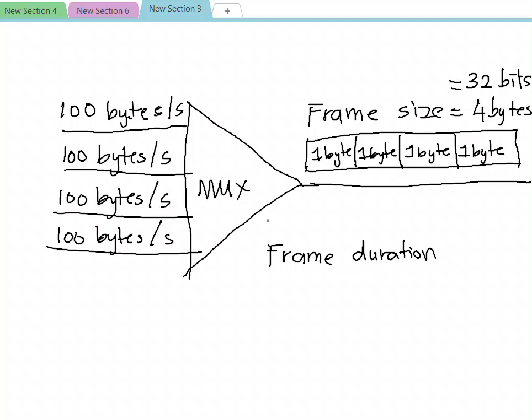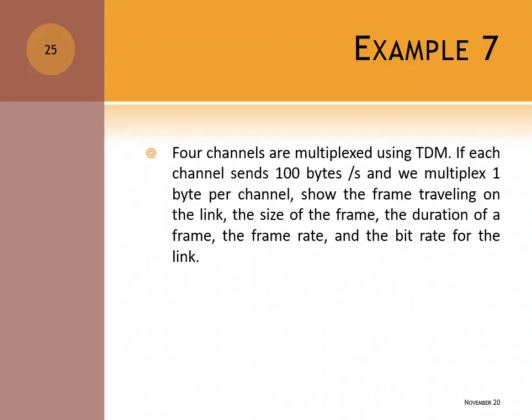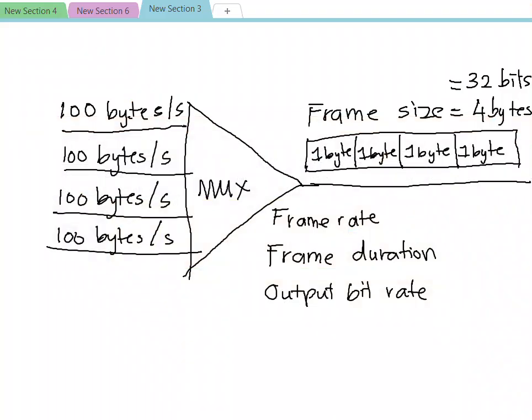Frame rate. And then one more is output bit rate. Bila dia sebut bit rate for the link, itu bermaksud output bit rate.